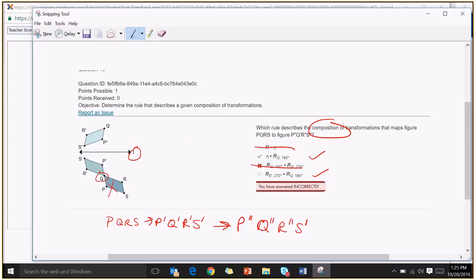So that's why your answer choice should have been B. Okay. Because reflection. Okay, I get it. Because remember, your rotation you do first, so it shows up second in that option. Makes sense.